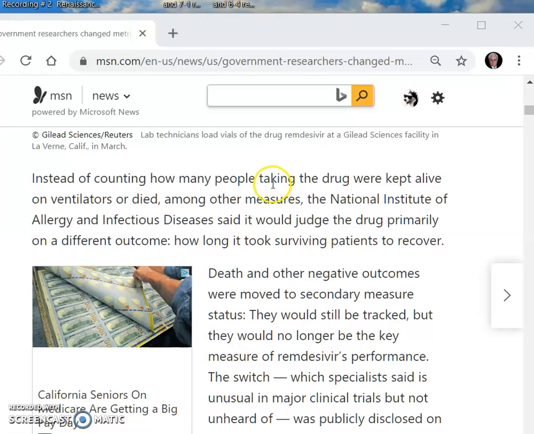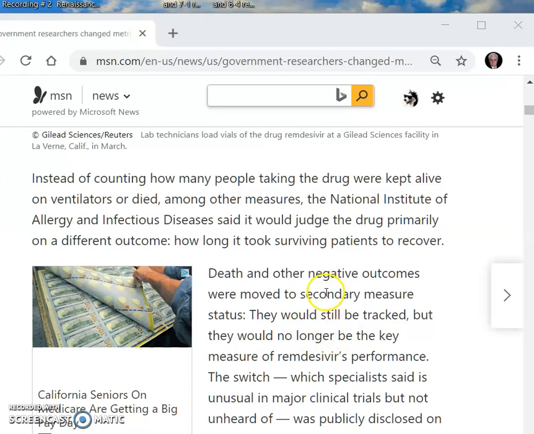Okay, so random variable, number of people kept alive. And what they're saying is that was the original random variable. And then they say here, instead of using that as a random variable, it's going to be how many days did it take for surviving patients to recover. Okay, so you see the distinction there. The first variable is how many people survive, what number, and then the next random variable is how long did it take to recover.